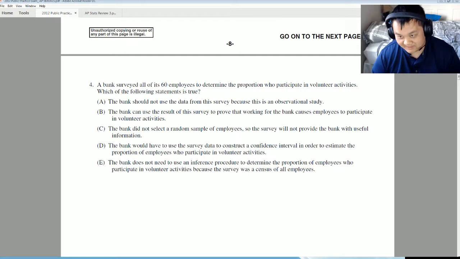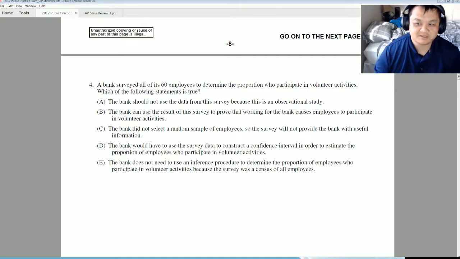Yes, but also understand that the bank is surveying. The bank isn't trying to prove anything or identify anything. True. So the only thing you're left with is E.